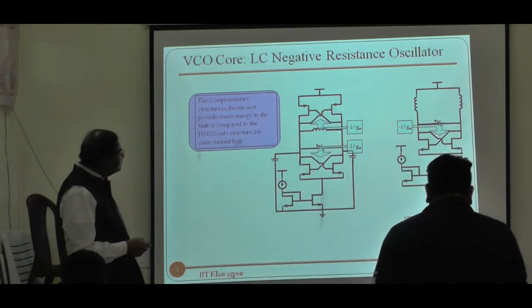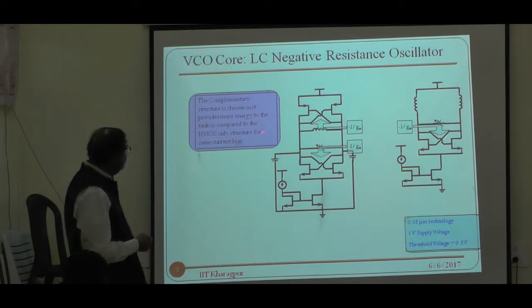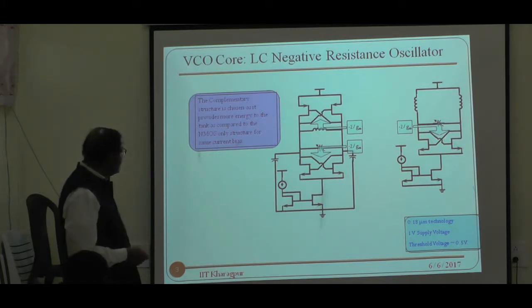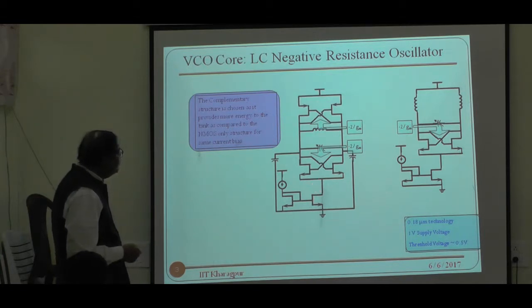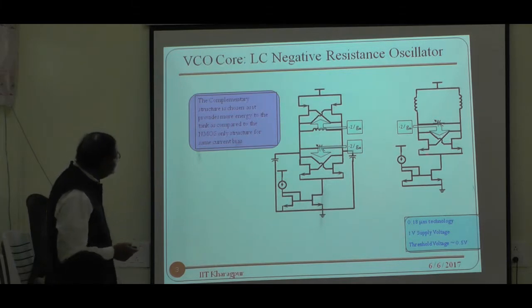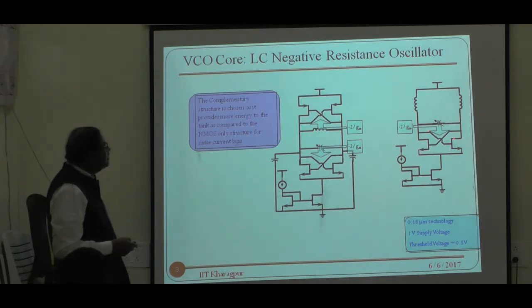Now you can say that this cross-coupled pair can be simply an N-type, because if I want to make it a 1 volt supply, then you have to bias these transistors as well as this, so there will be a problem of headroom. To avoid that headroom, you can make it a simple NMOS cross-coupled pair.